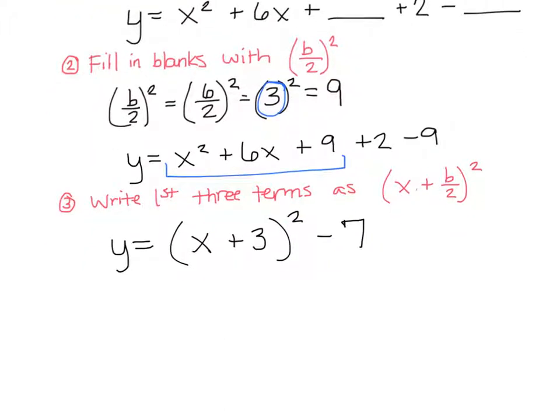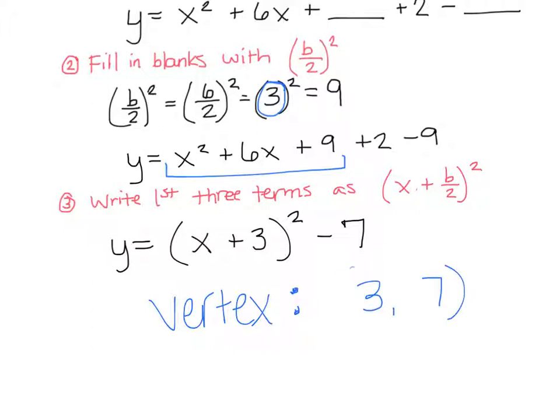All right, now, just for the sake of remembering, what is your vertex out of that? 3, 7. Close. Negative 7. You're right that there's a 3 and there's a 7.